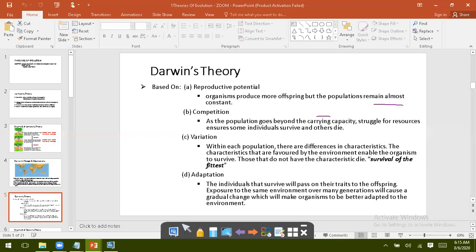So Darwin's theory of evolution based on natural selection is based on these four principles: that organisms, when they reproduce, have a large number of offspring. But then that number does not continue to increase. It eventually starts to remain at a certain level.